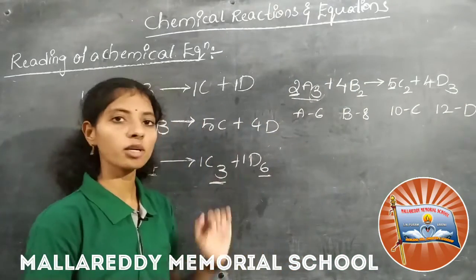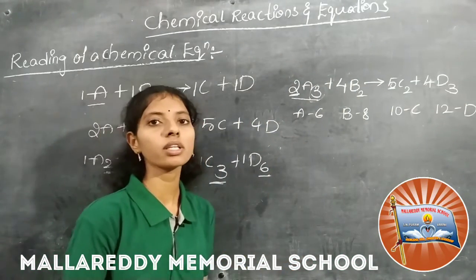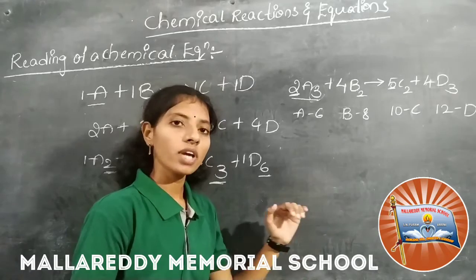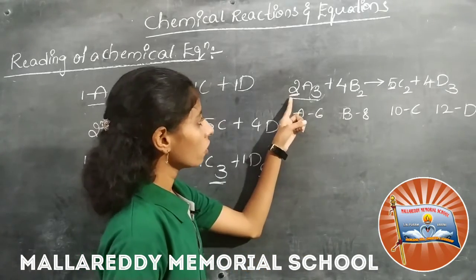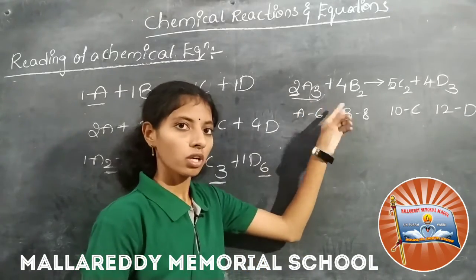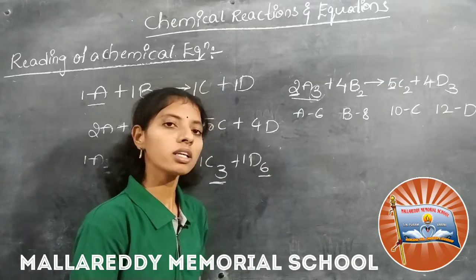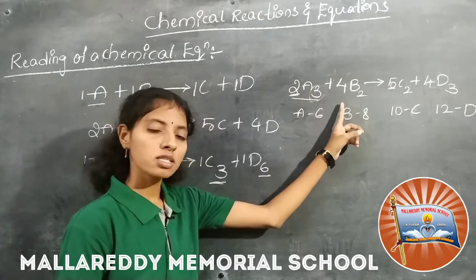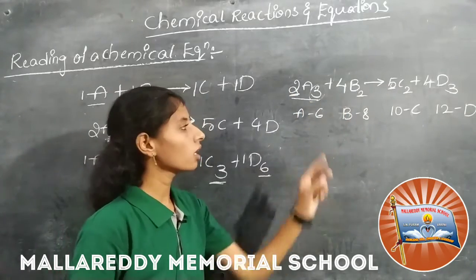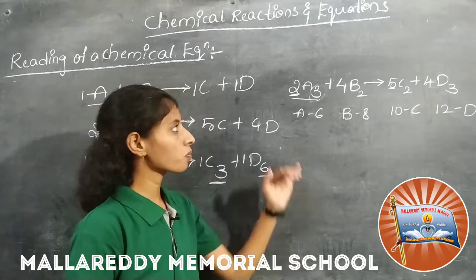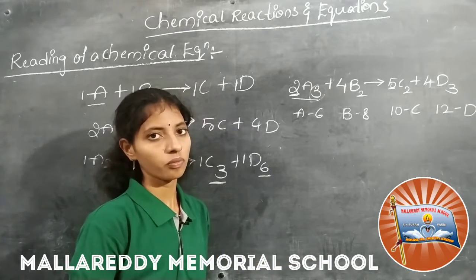Remember that in any chemical equation, when we are counting the number of atoms, we have to take the coefficient and subscript. So we have to multiply the coefficient with the subscript. Then we get the total number of atoms present in a chemical equation. Okay.